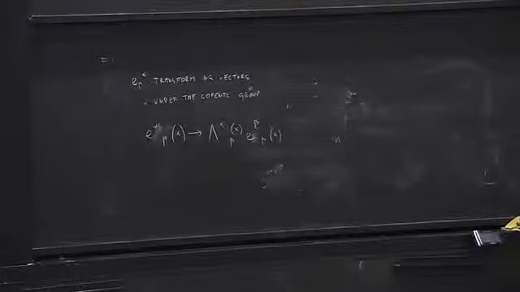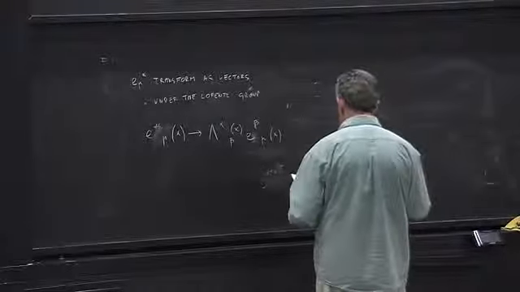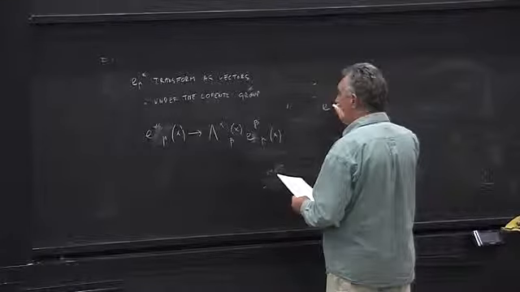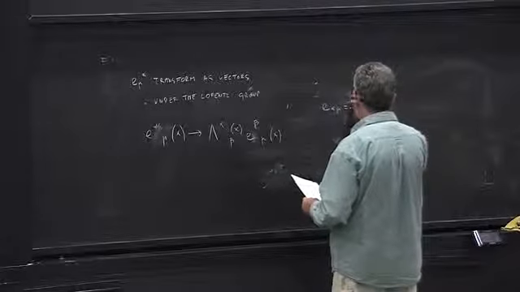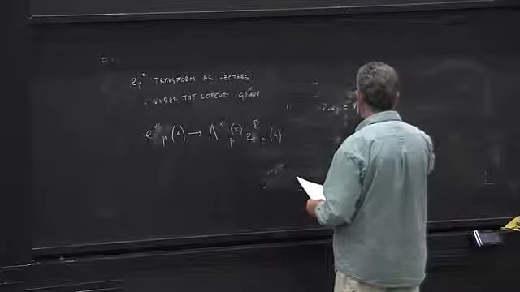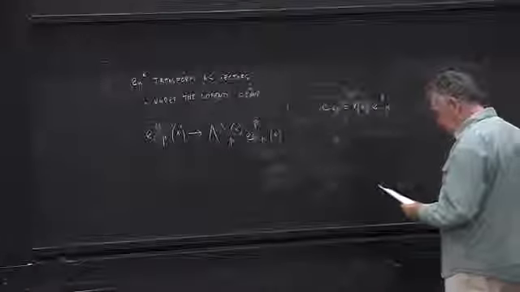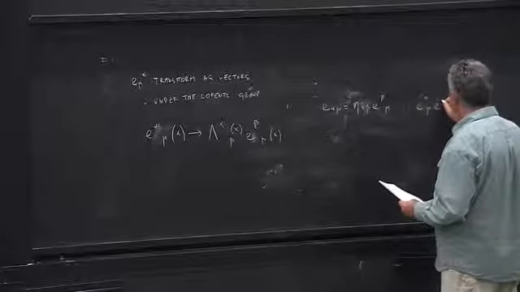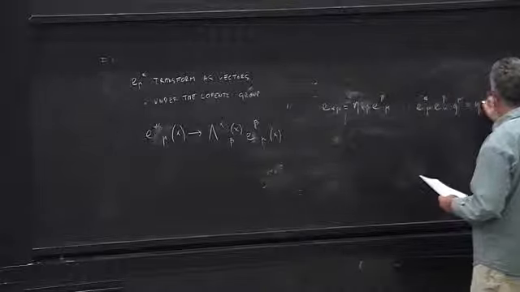So we raise and lower indices with etas. So E alpha mu is eta alpha beta E beta mu. And E alpha mu E alpha nu G mu nu is eta alpha beta.